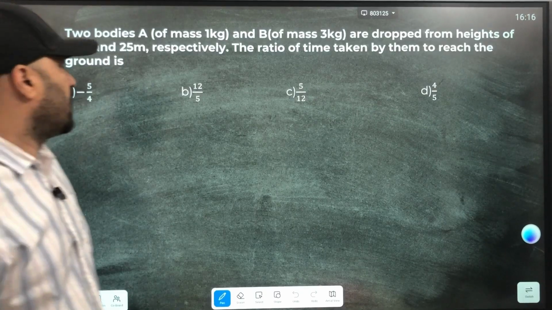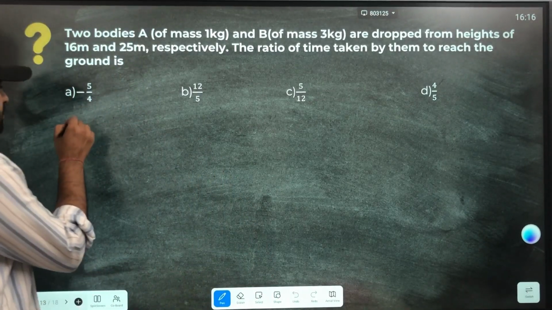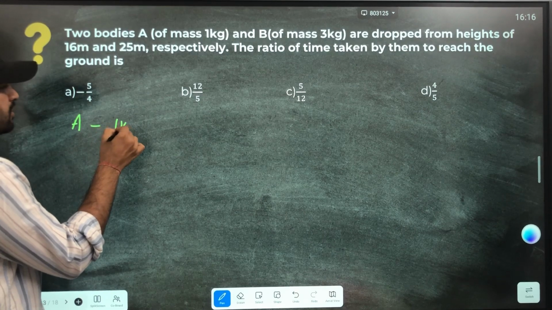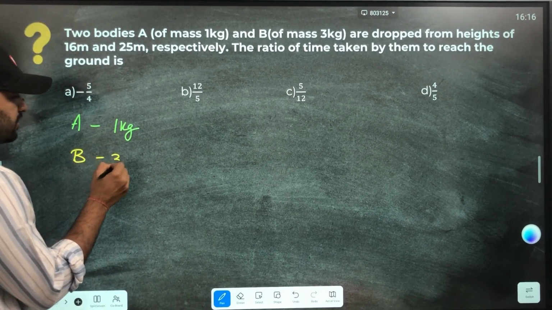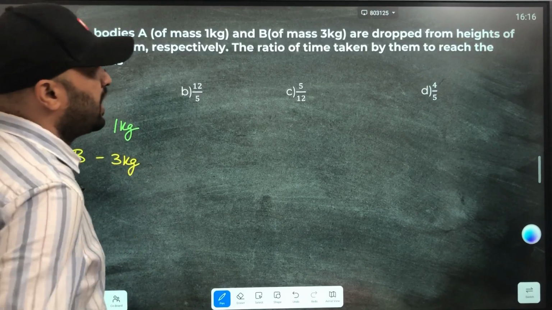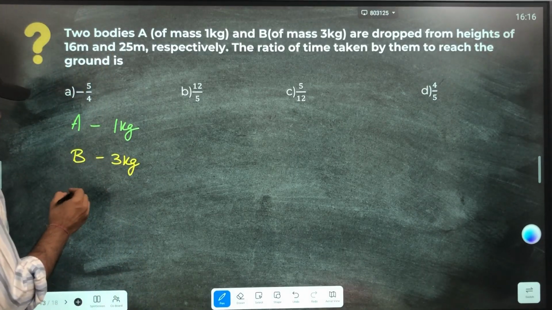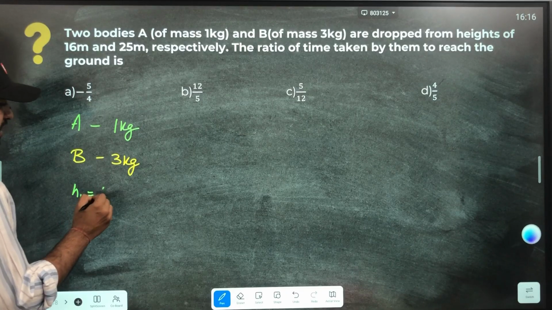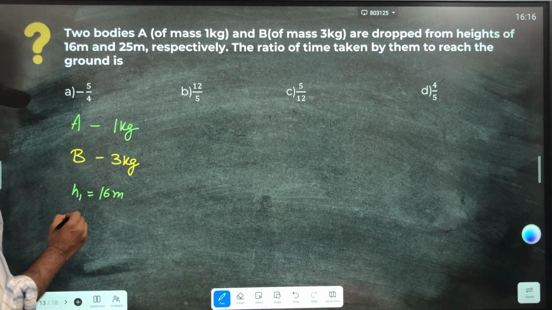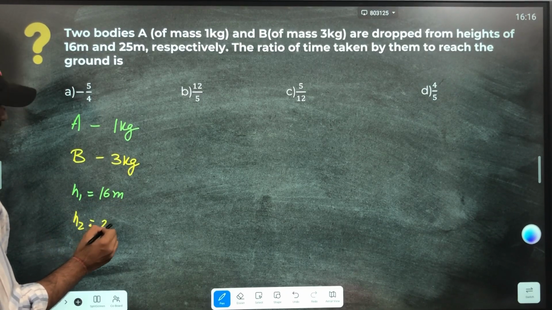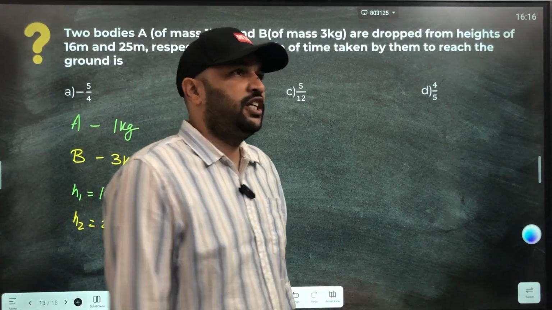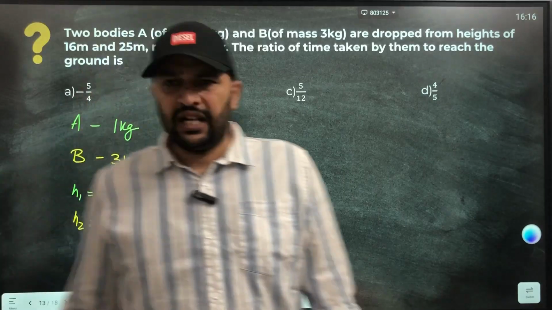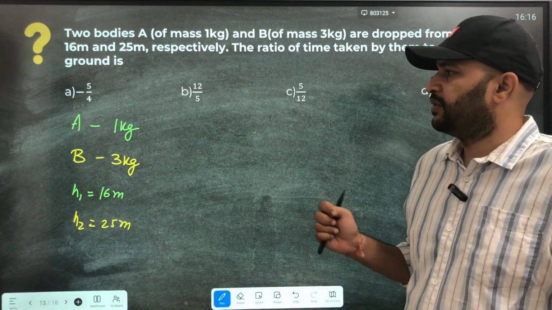Two bodies, A has a mass of 1 kg and B has a mass of 3 kg. They are dropped from heights. So h1 is 16 meter and h2 is equal to 25 meter. The ratio of time taken by them to reach the ground. Okay, let me just modify this problem and explain one important concept.